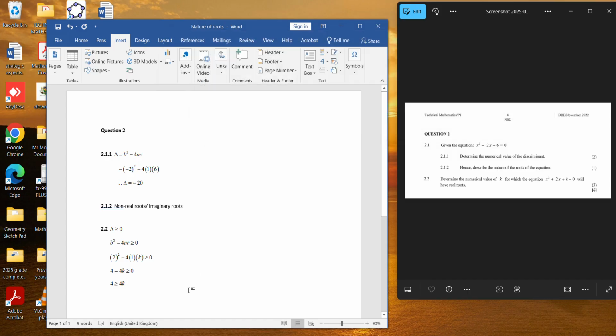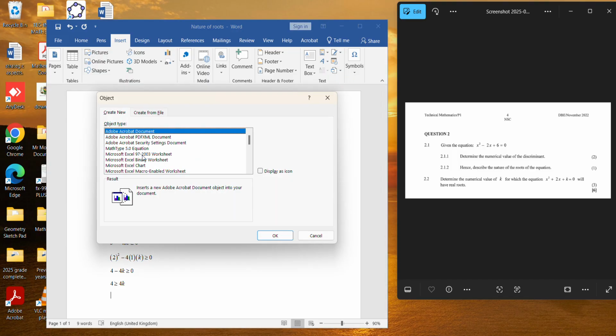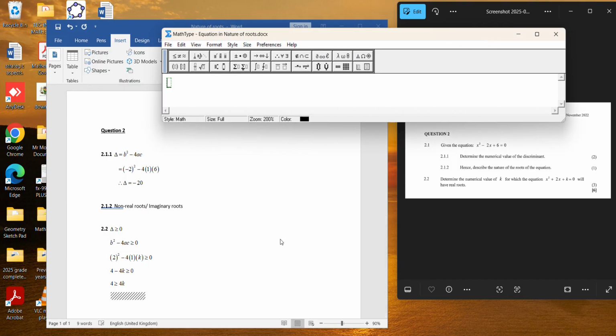Now remember, we are only looking for k. We are going to divide by this 4 before the k, on the right side and on the left side. Then that is going to give us 1, our inequality sign, then k.